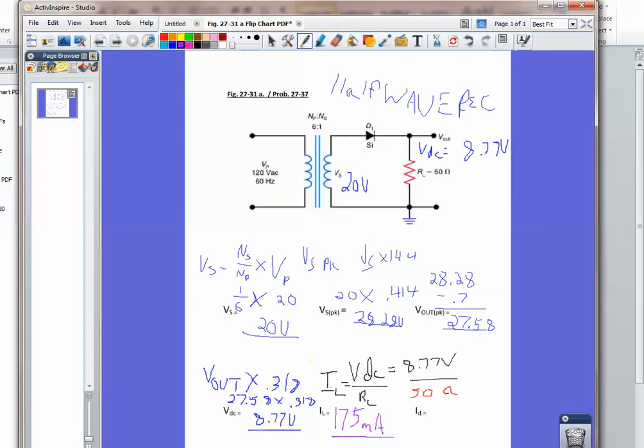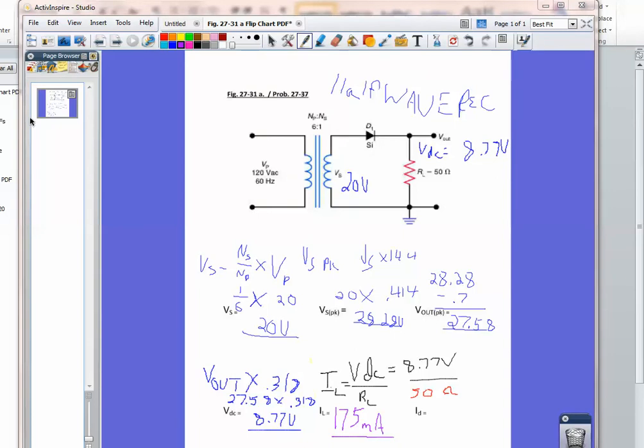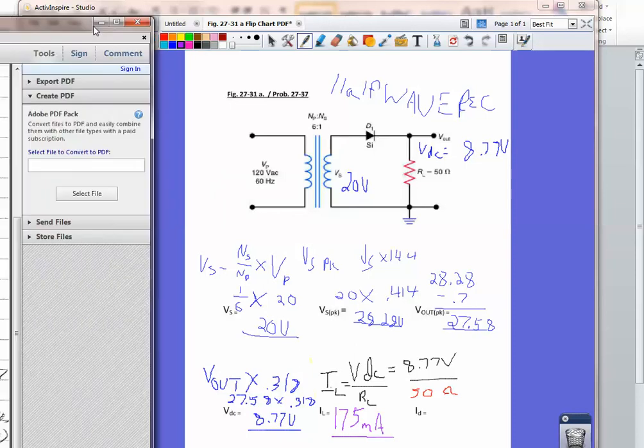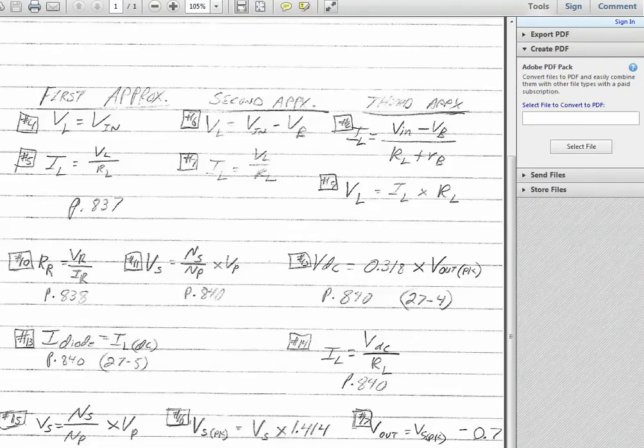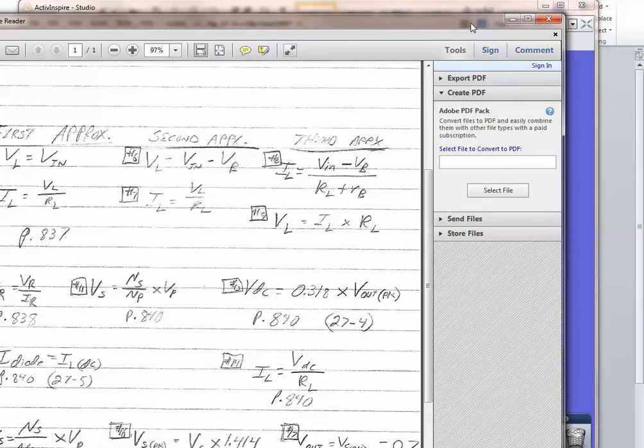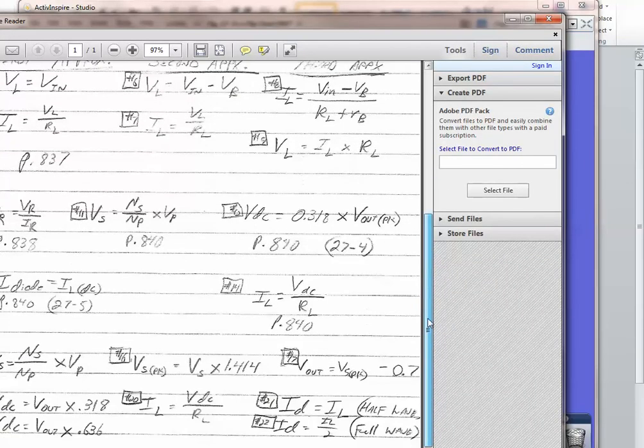Now in this scenario with a half wave rectifier, basically all you're looking at is the diode being in series with the load. Well, we know that current stays the same in series, so that tells us that if we have a current across our load of 175 milliamps, then the current through our diode will also be 175 milliamps.